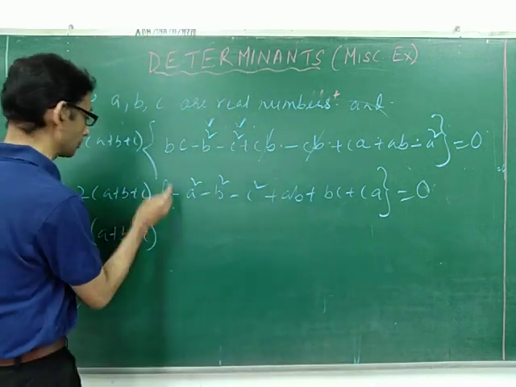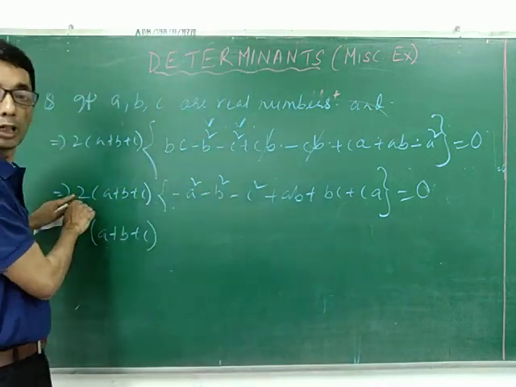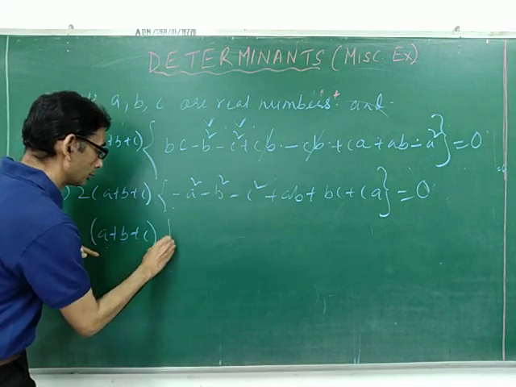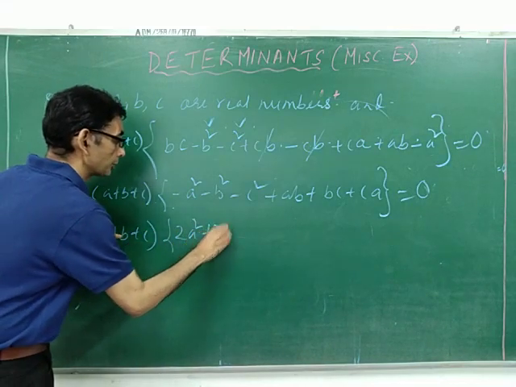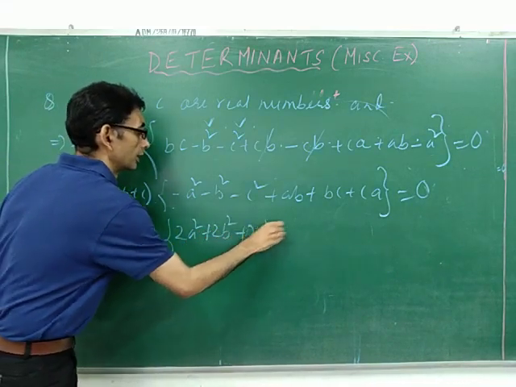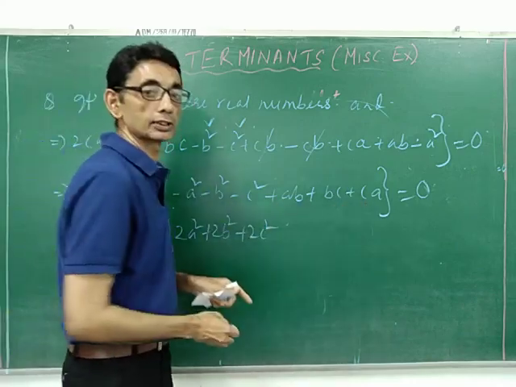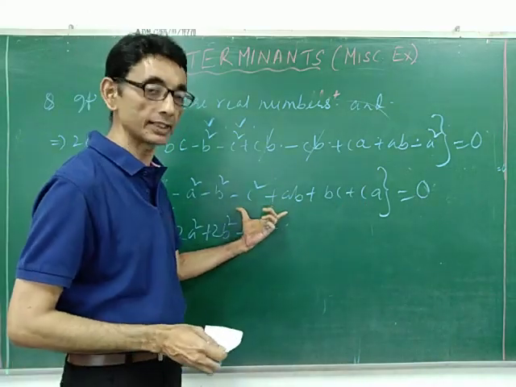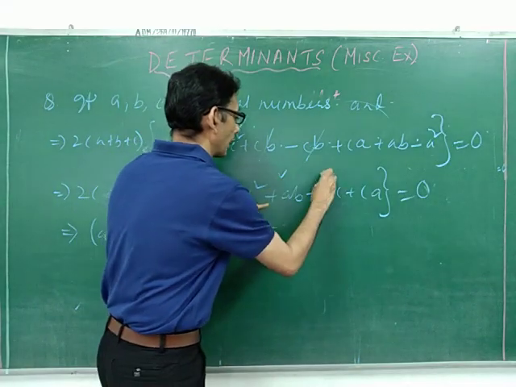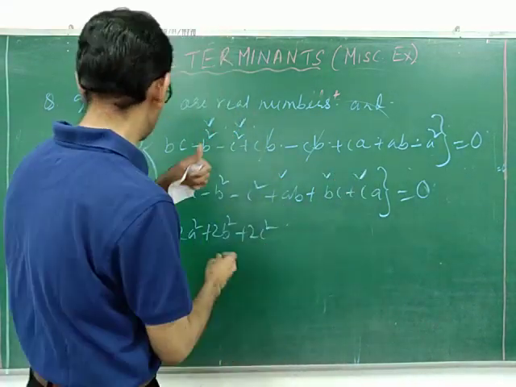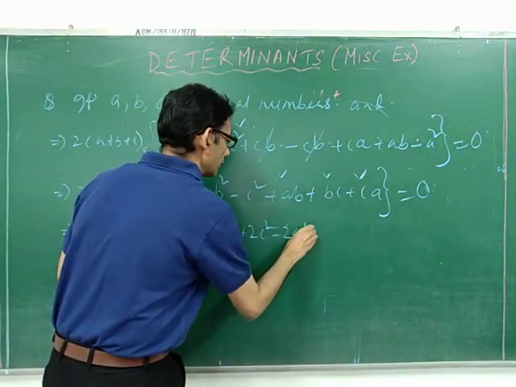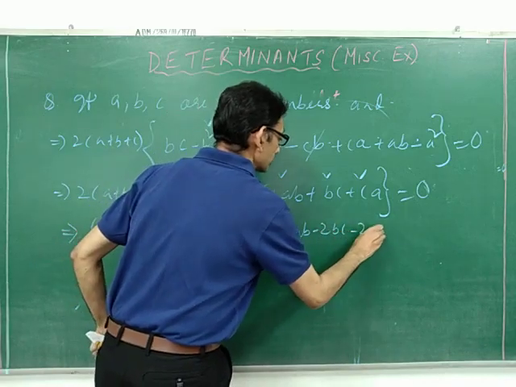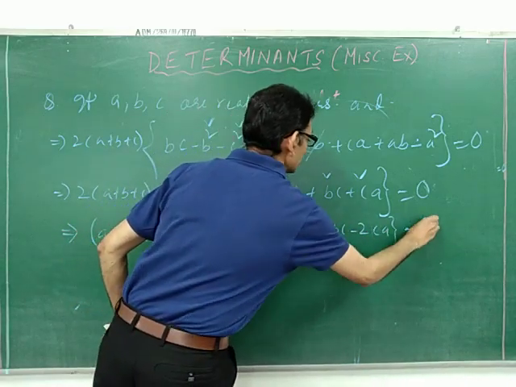So if you multiply at the same time with a minus sign and with 2, these expressions will be twice A squared plus 2B squared plus 2C squared. And because you are multiplying this whole expression by minus, all the terms will become negative. So it's minus twice AB minus 2BC minus 2CA equal to 0.